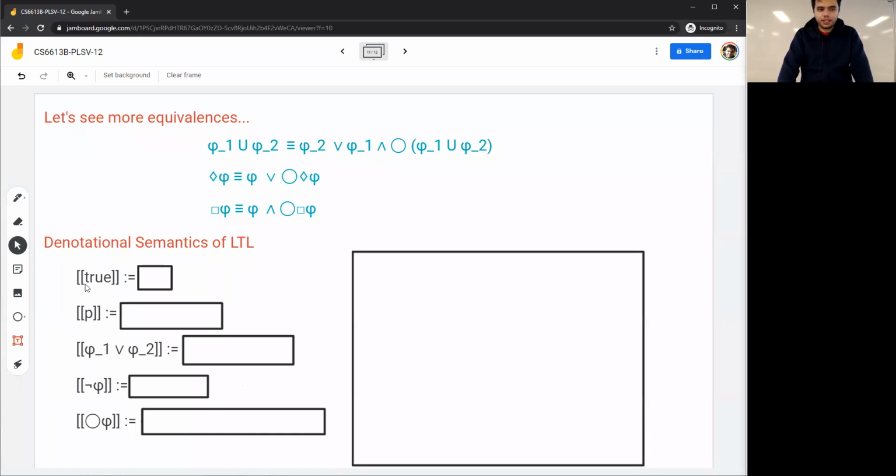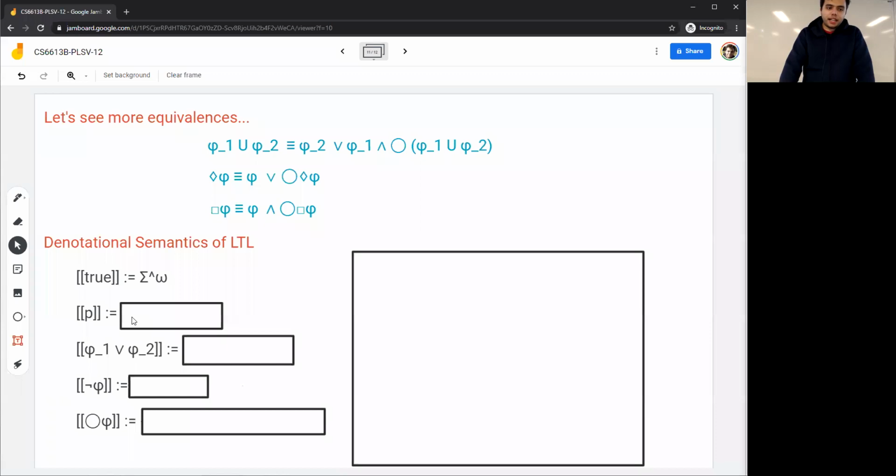What is the meaning or semantics of true? It's the set of all infinite words that satisfy true, which means that it's just the set of all infinite words. Sigma omega. Okay. So what if P is an atomic proposition? What is the semantics of P? What is the meaning of P?